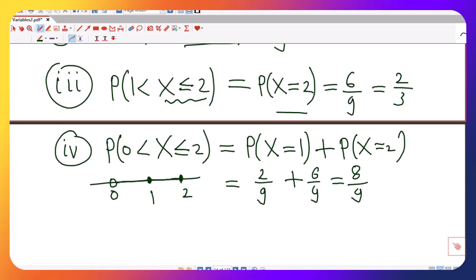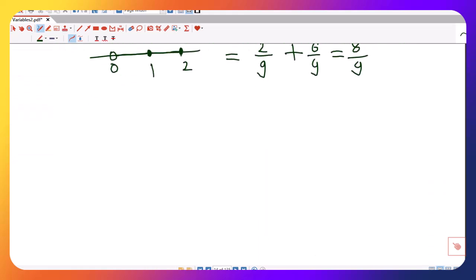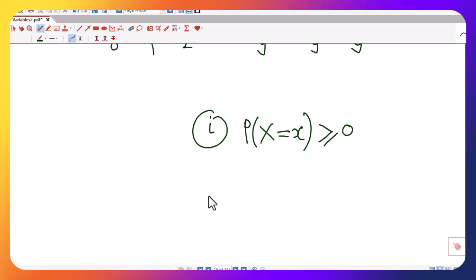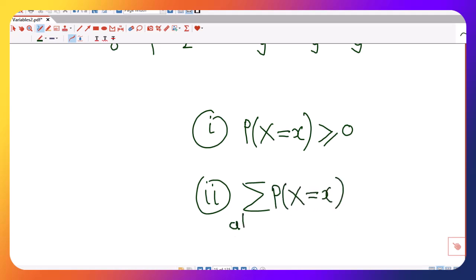So in this way we can easily answer this type of questions related to the probability mass function of a discrete random variable. All we have to remember is that if we have a probability mass function, then it must satisfy these two conditions, that probability is non-negative and the sum of all the values which the probability mass function takes is always 1.